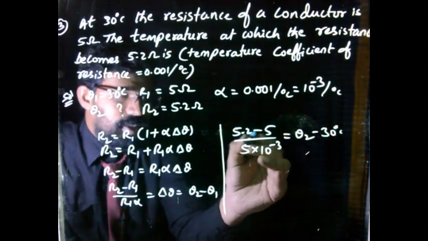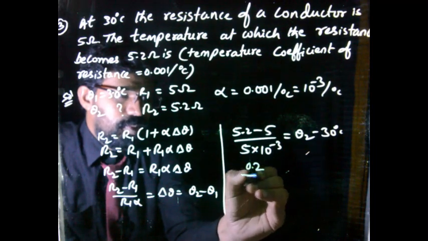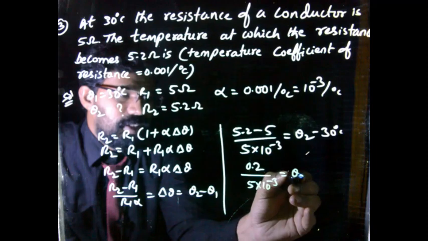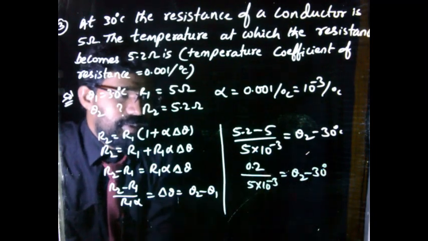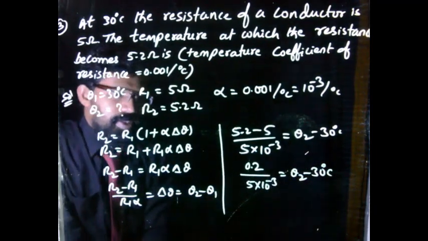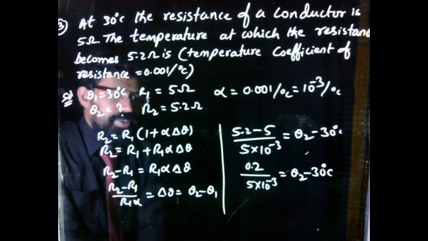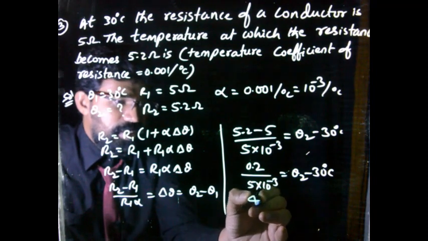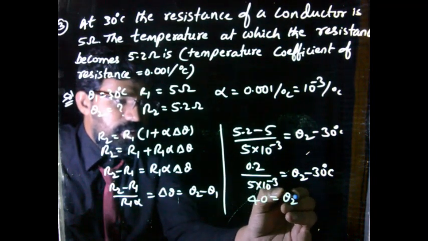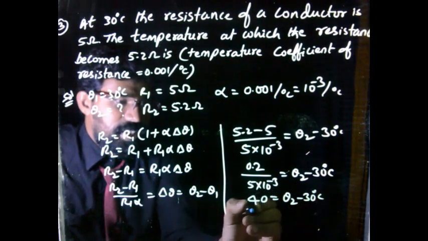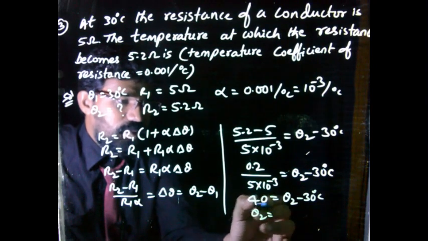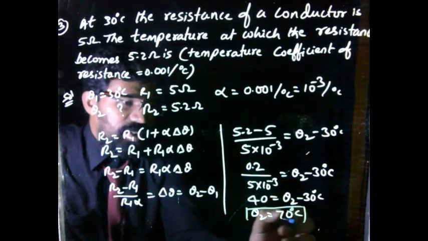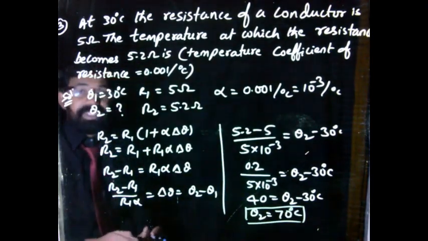So here 5.2 minus 5, 0.2 by 5 into 10 power minus 3 is equal to theta 2 minus 30 degrees Celsius. So 10 power minus 3 goes to the numerator, it becomes 10 power 3, then you will have 200, 200 by 5 is 40. So 40 is equal to theta 2 minus 30 degrees Celsius. Therefore, theta 2 is equal to how much? 40 plus 30, which is 70. It means the given conductor must be taken to a temperature equal to 70 degrees Celsius.